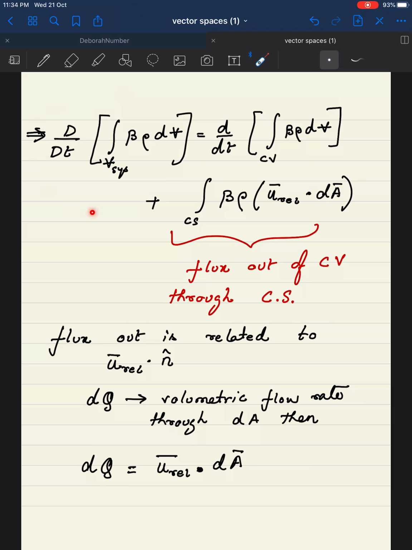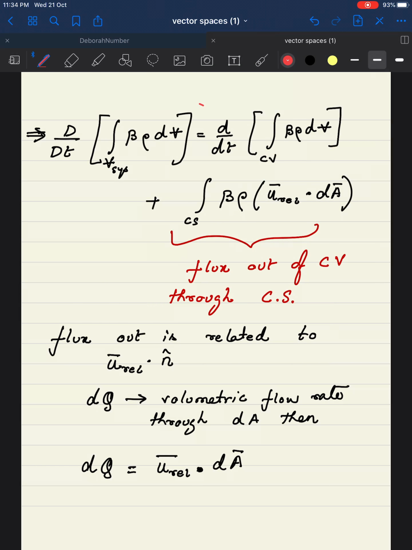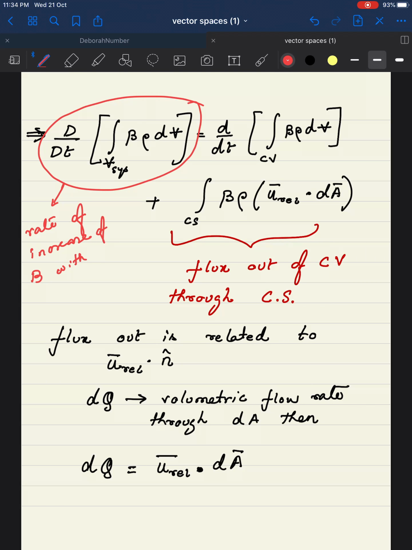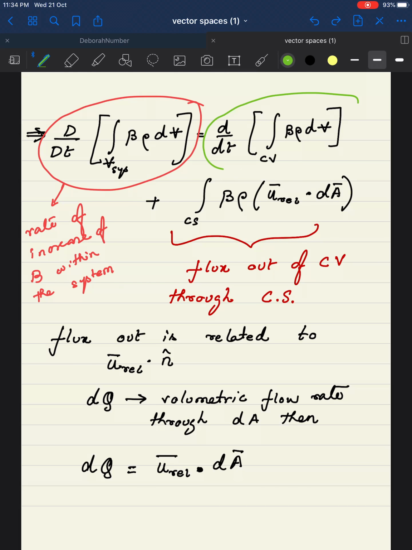So this term right here now represents the rate of increase of B within the system. And what this equation is saying is that this rate is equal to this quantity, which, maybe I'll use a different color, that will be easier. I have not used this green here, so maybe I'll use this.